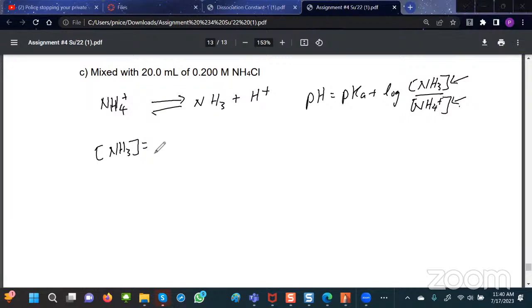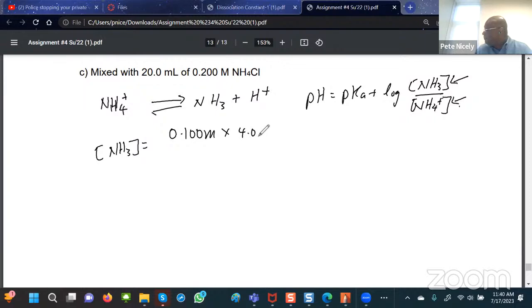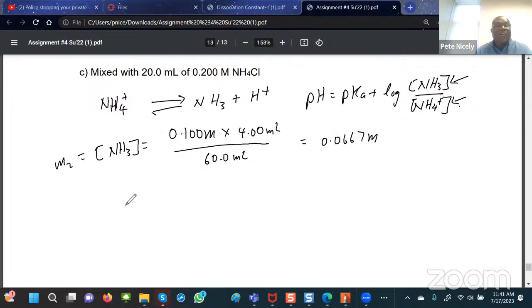Would it be the 0.1 molarity times 40 is equal to M2 times 60? Exactly. So you divide by 60.0 mL here, because this would be your M2. When I did that, I got 0.0667 M.